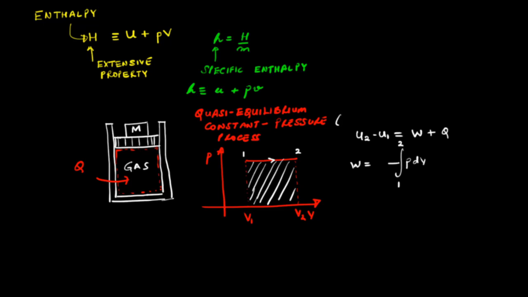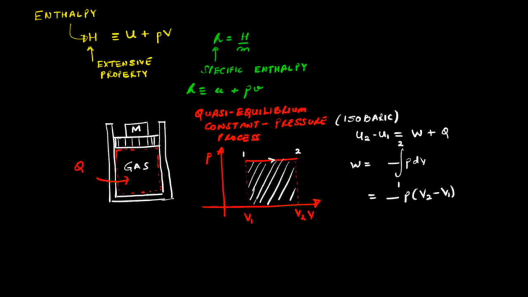Constant pressure processes, we also say, are called isobaric processes. So pressure remains constant, so the work done on the system is minus P times (V2 minus V1).